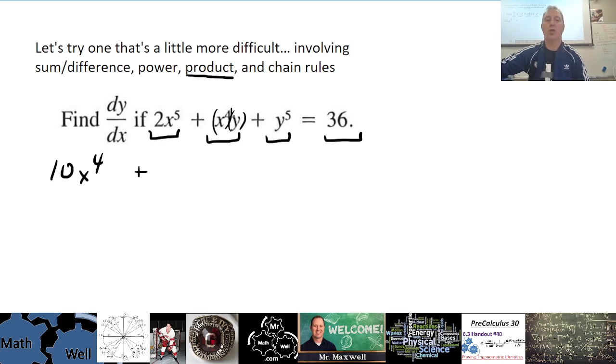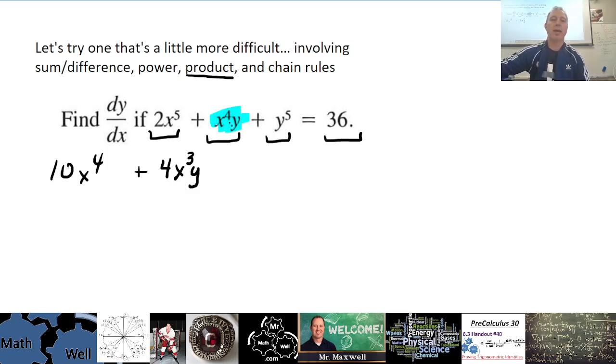All right, so the derivative of x to the 4th is 4x cubed. Got that? And in the product rule, I want to do the derivative of the first times the second. So this is a regular old y here. And let me just highlight this in blue. Okay.